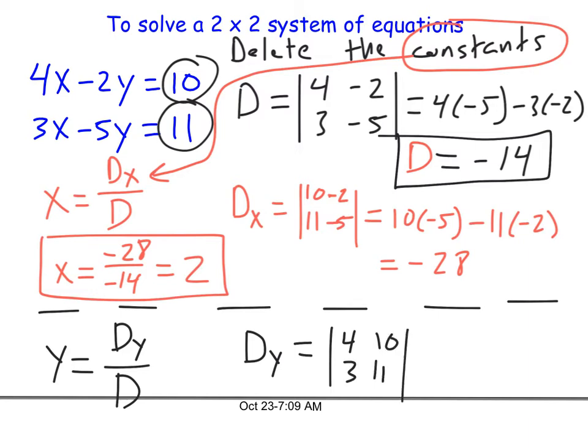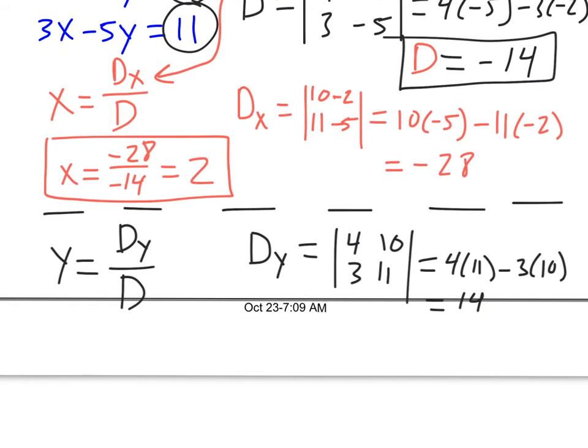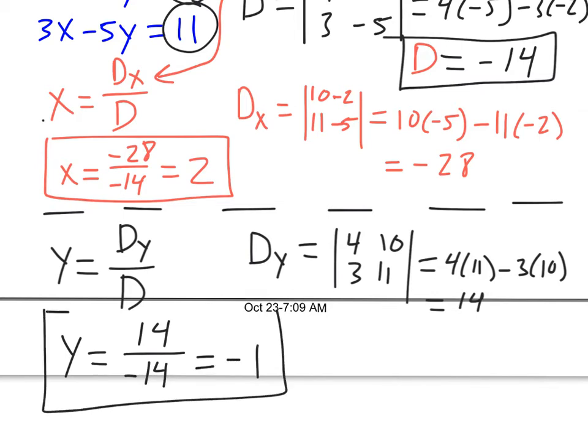They are replaced by the constants. 44 minus 30 is 14. Looking like this solution for y is going to be negative 1, as D sub y is 14. We knew that D was negative 14 and y is negative 1. That is the idea.